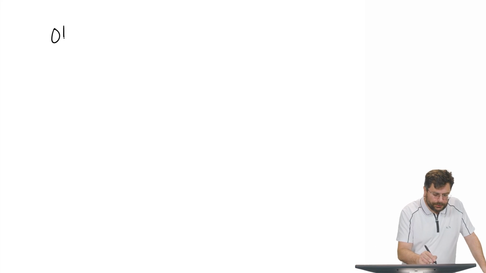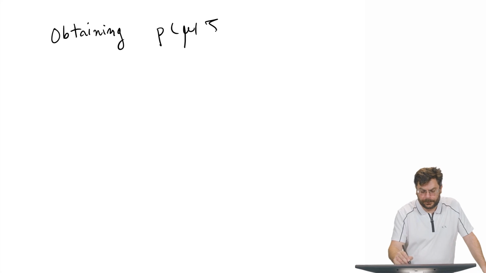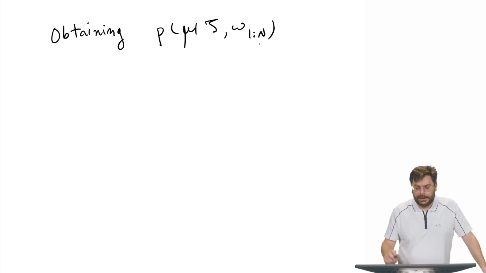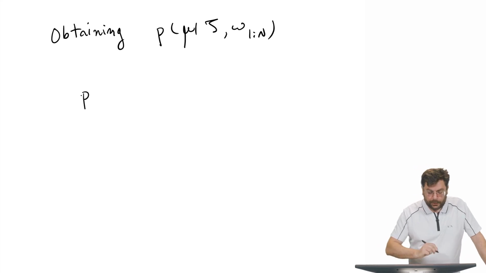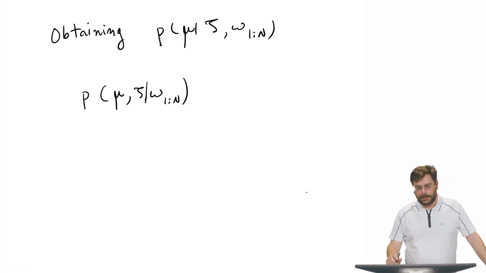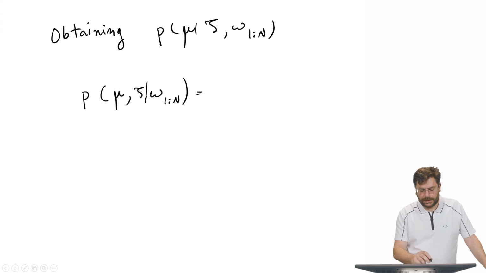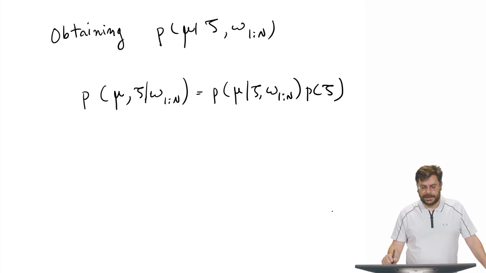What about P of mu given tau and W1 to n? Okay, well, once more, we know that P of mu and tau is obtained from P of mu given tau, W1 to n, multiplied by P of tau.